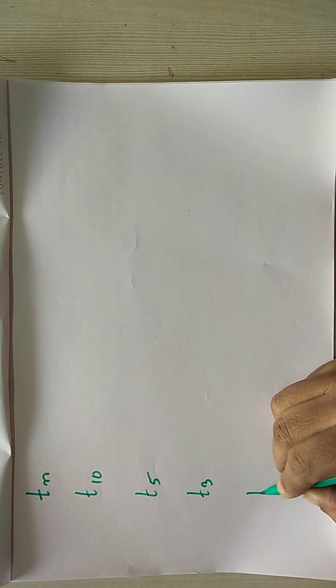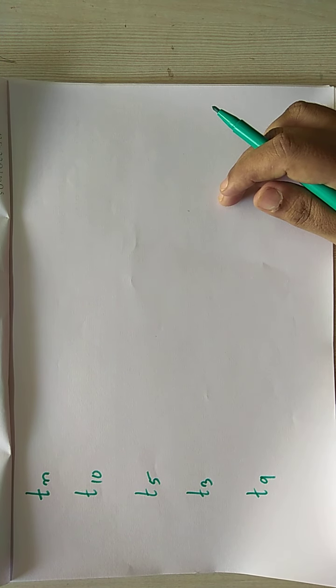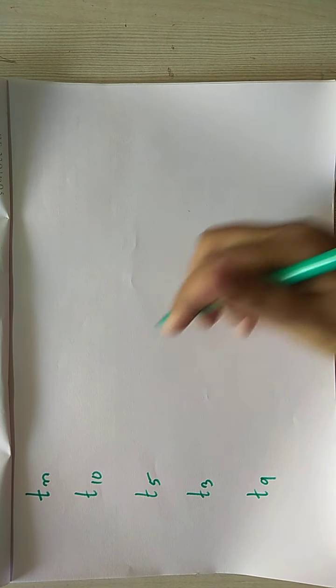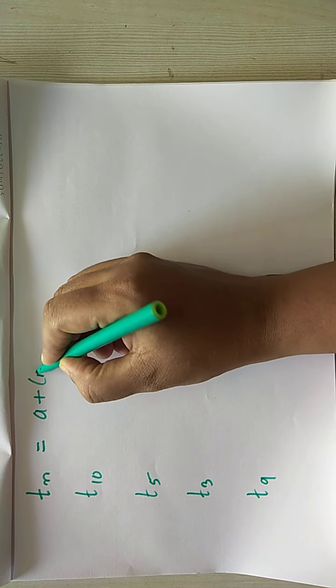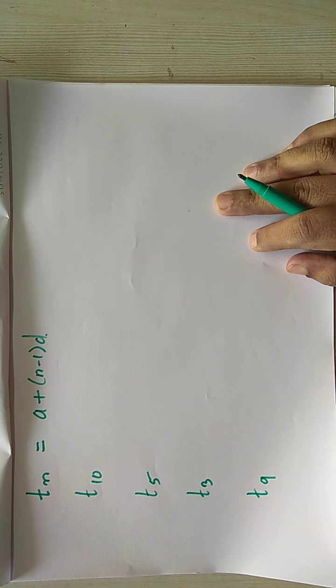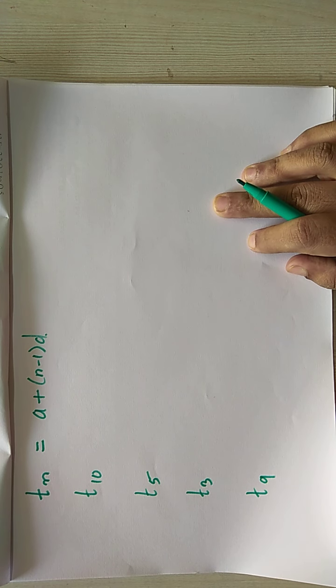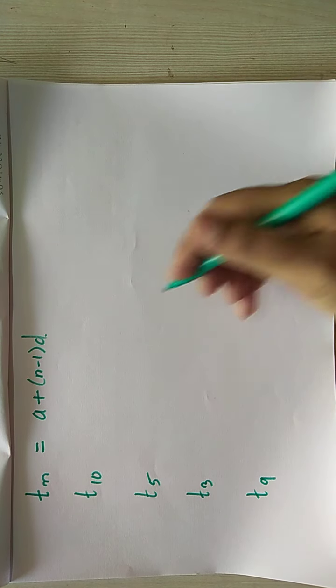It can be T9, the 9th term. So how to calculate a term of an AP? We have a formula. Tn formula is A plus (n minus 1)D. How this formula is derived was explained during the lesson.